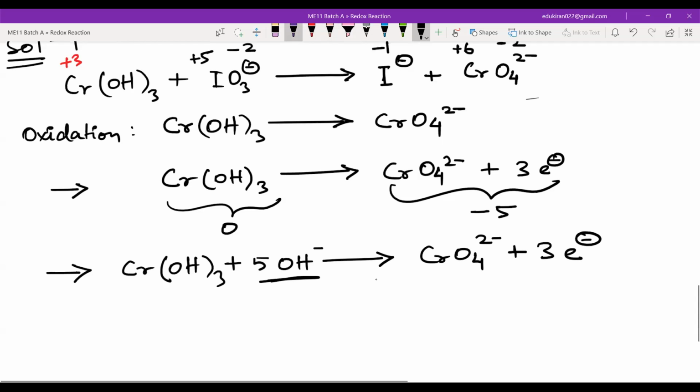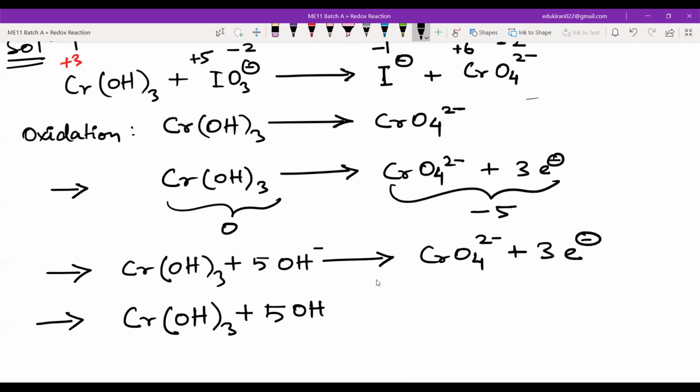Here we have 4. We need 4 more, so I can write 4H2O. Yes or no? Hit and trial. You just need to compare the oxygens on the reactant side and product side. Whatever is the difference, that many water molecules we have to add.